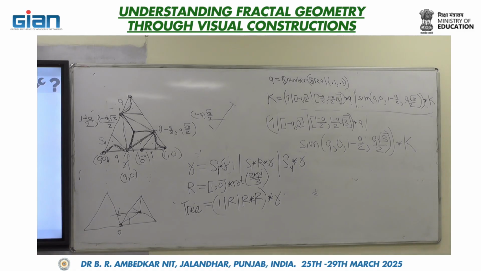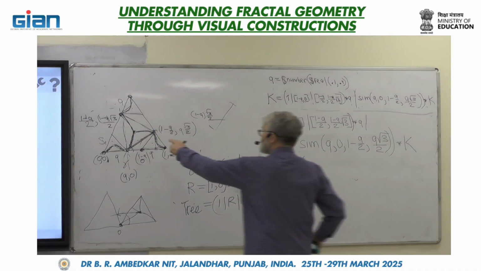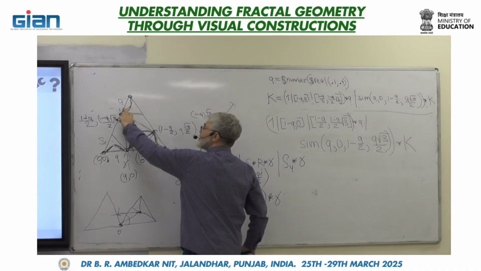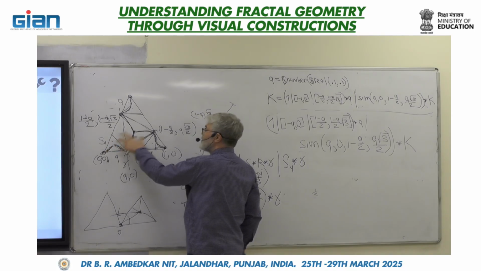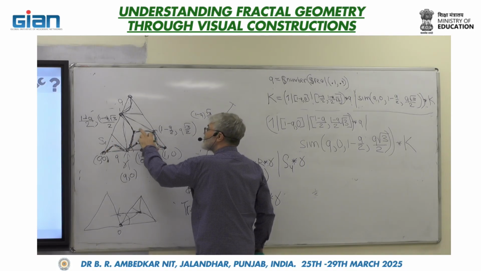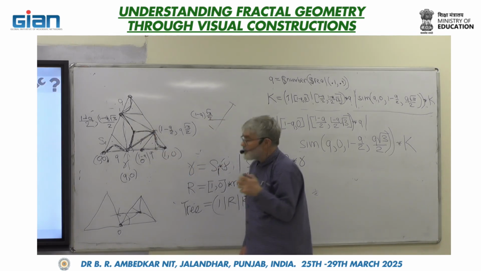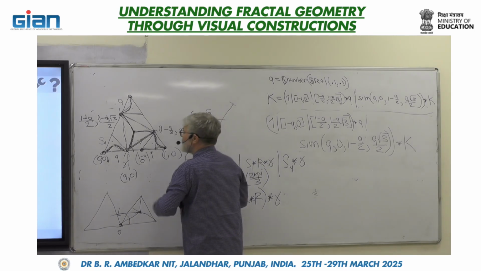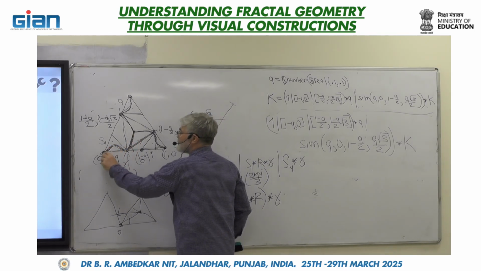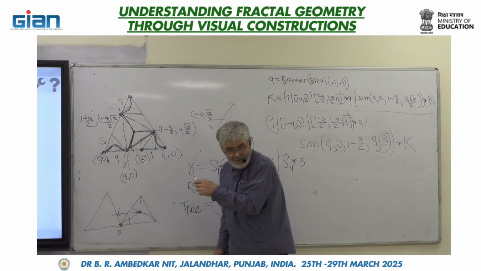No? So we have the main tree. It consists of three symmetric curves. Right? So we denote this part of curve by gamma. Yes?